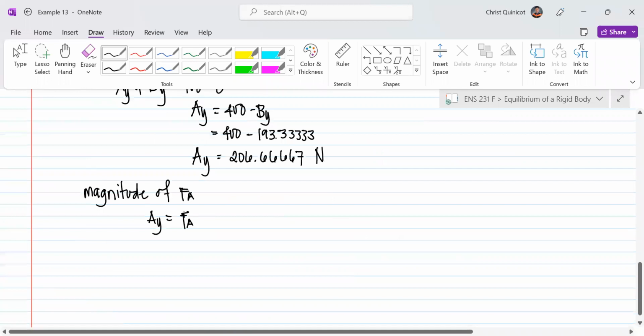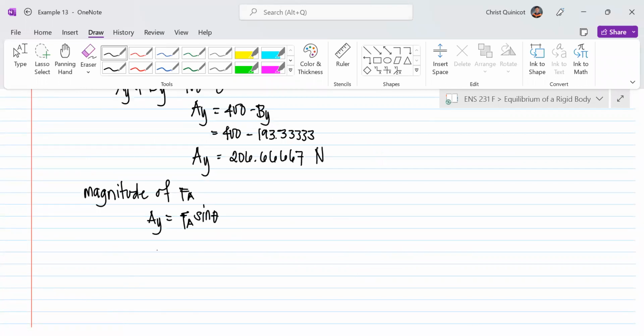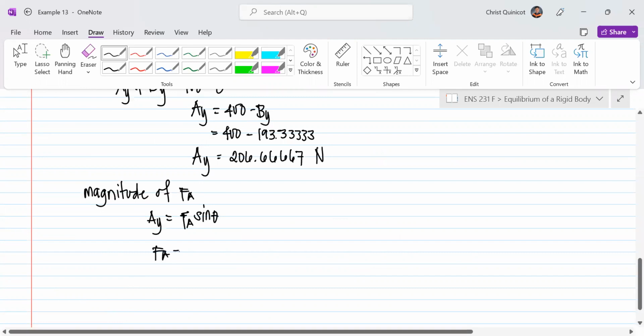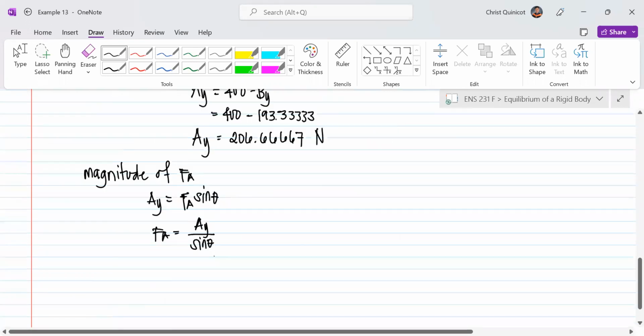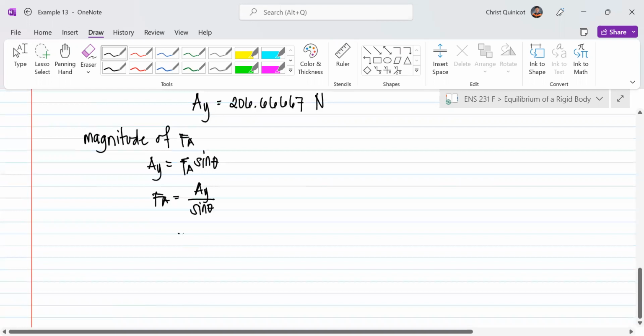F sub A sine theta. So F sub A is equal to A sub y over sine theta, and we substitute our values.